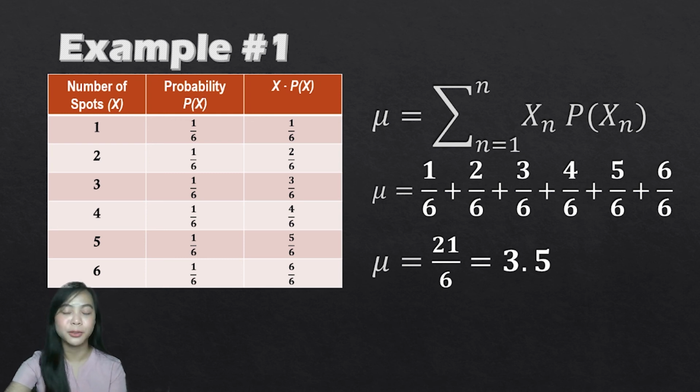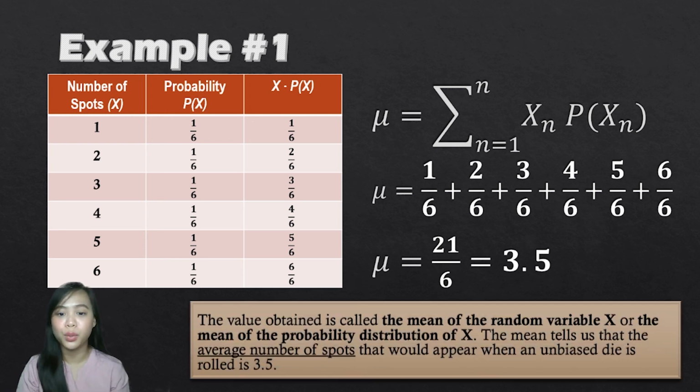For the last step, we need to interpret this result. So what do we mean by this 3.5? That value that we obtained is called the mean of the random variable x, the number of spots, or simply the mean of the probability distribution, because the x values and their probabilities in this table form the probability distribution.